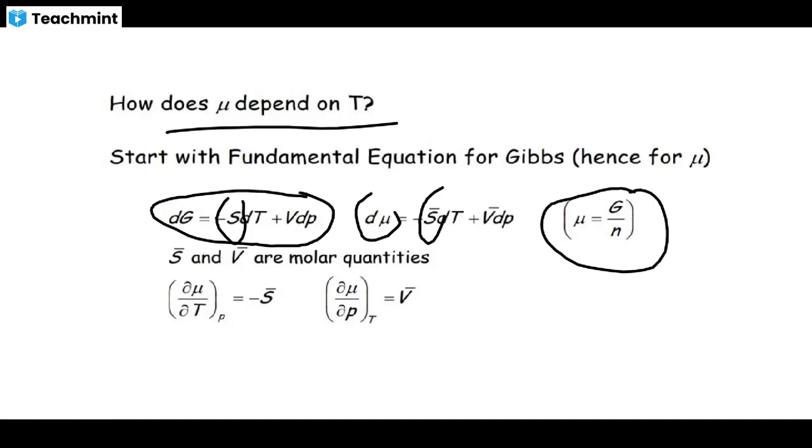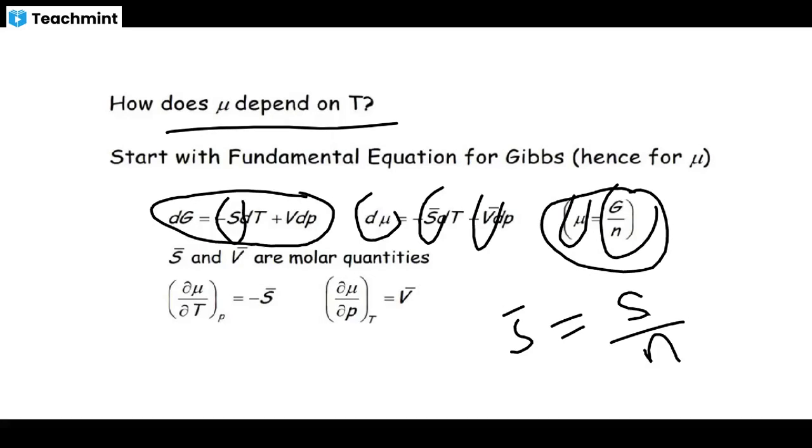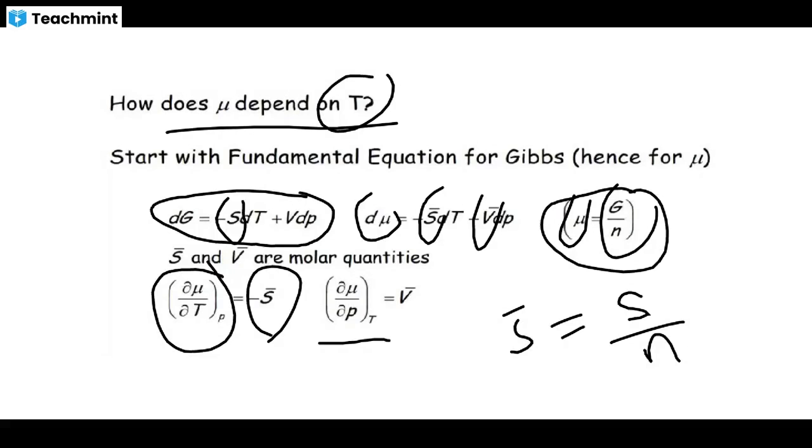So S bar is the molar entropy, S by N, and G by N is the chemical potential. We want to know how mu depends on temperature. Differentiating with respect to temperature at constant pressure, you get minus S bar. Differentiating with respect to pressure at constant temperature, you get V bar. So we know the calculations.